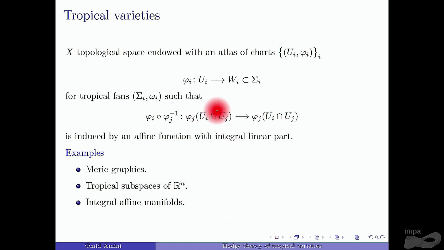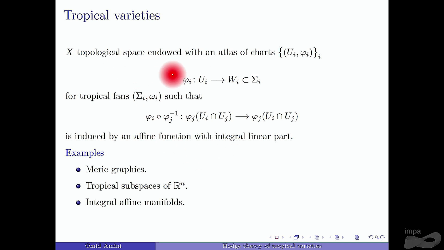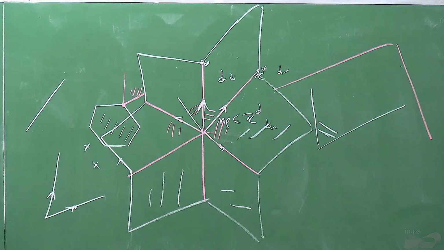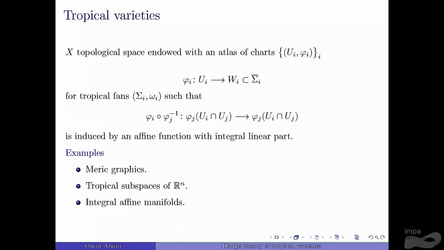I have to suppose that the weights on sigma_i and sigma_j are consistent, so that I also get a weight function and orientation on my X. Here, if I have an integral affine manifold, the weights are all equal to 1. So integral affine manifolds, without singularities, are examples of these tropical varieties.